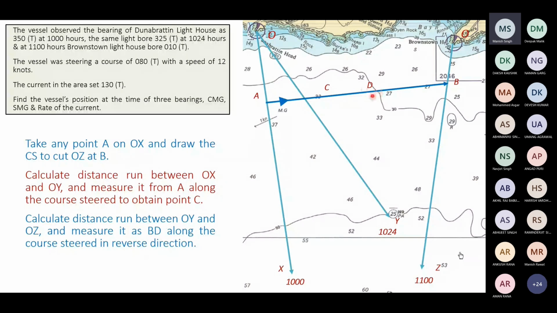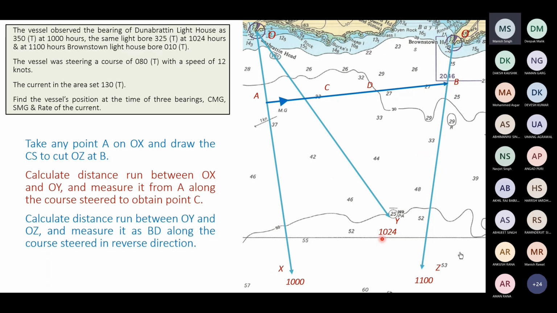Let's name that point as D. You can see this delta point here. Now delta Bravo is my engine distance for 36 minutes. This 36 minutes is the time interval between the second observation and the third observation.